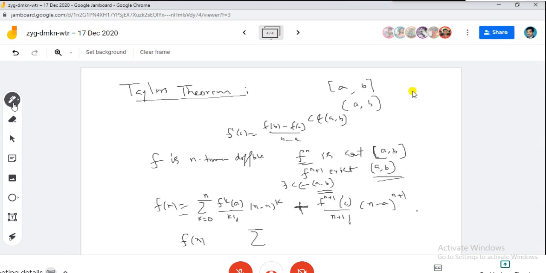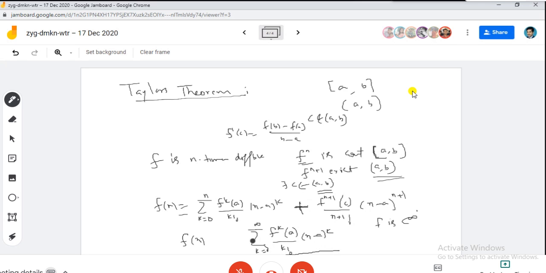So then you get a power series, what is called Taylor series, f^(k)(a) upon factorial k and (x minus a) to the power k, k is equal to 0 to infinity. So if f is C infinity, you will get this power series, right?